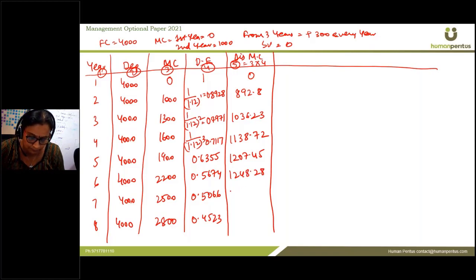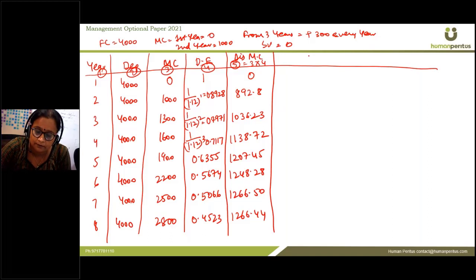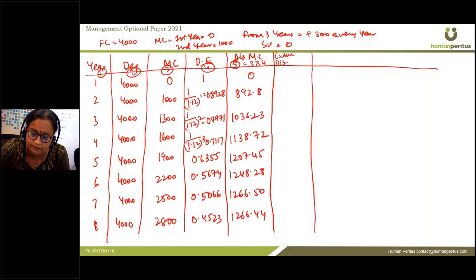And similarly we will obtain the other two values as 1266.50 and the next value would be 1266.44. Okay, now this much is done. Discounted maintenance cost has been calculated. Now we need to find out the cumulative discounted maintenance cost. Okay, clear?